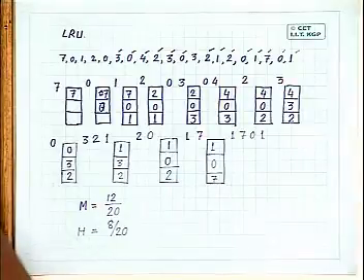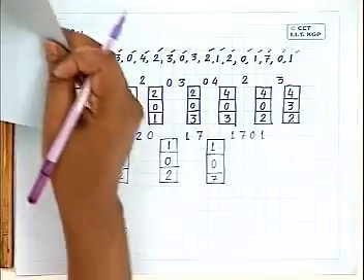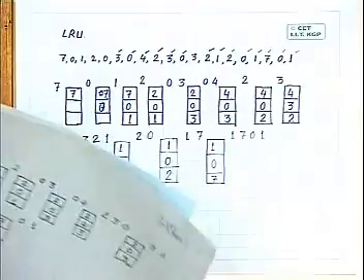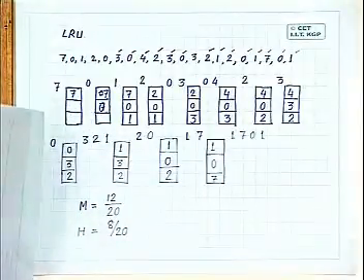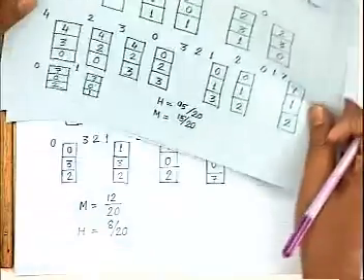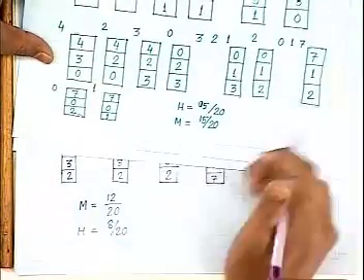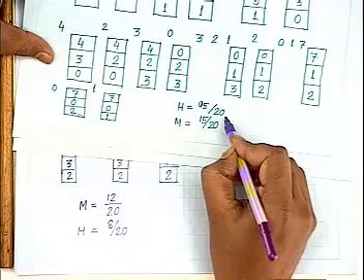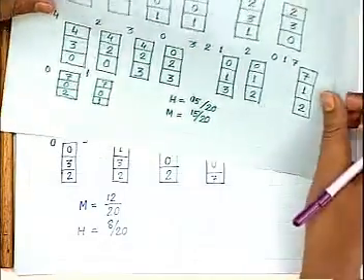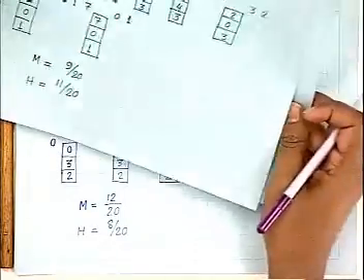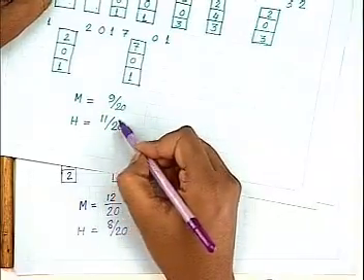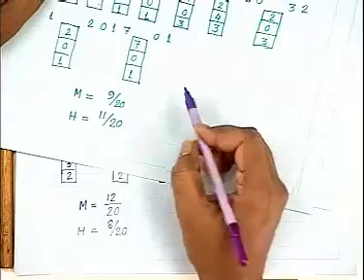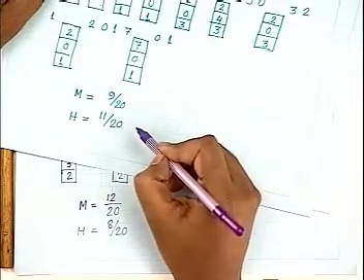Now if you compare this FIFO algorithm, optimal algorithm, and this LRU algorithm, you find that in case of FIFO algorithm, your hit ratio was 5 by 20. Okay. In case of optimal algorithm, hit ratio was 11 by 20. So you have a considerable improvement in the hit ratio.